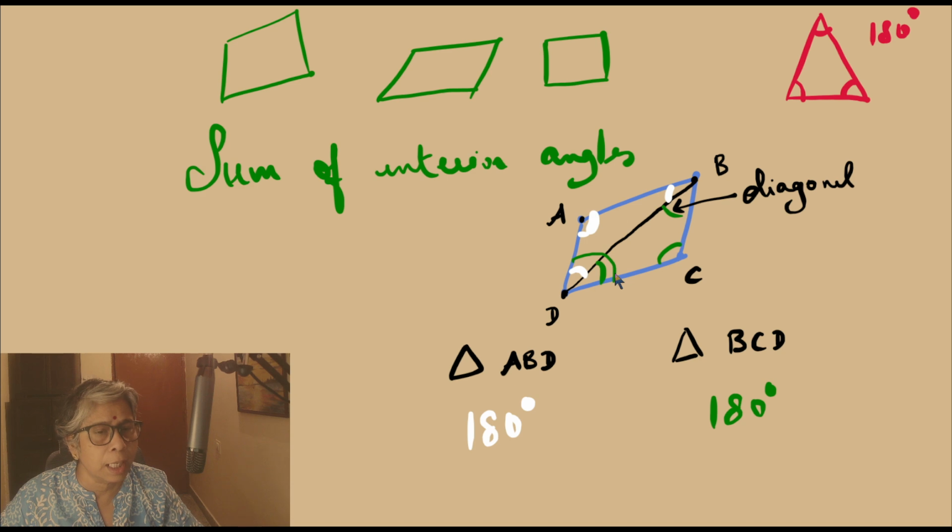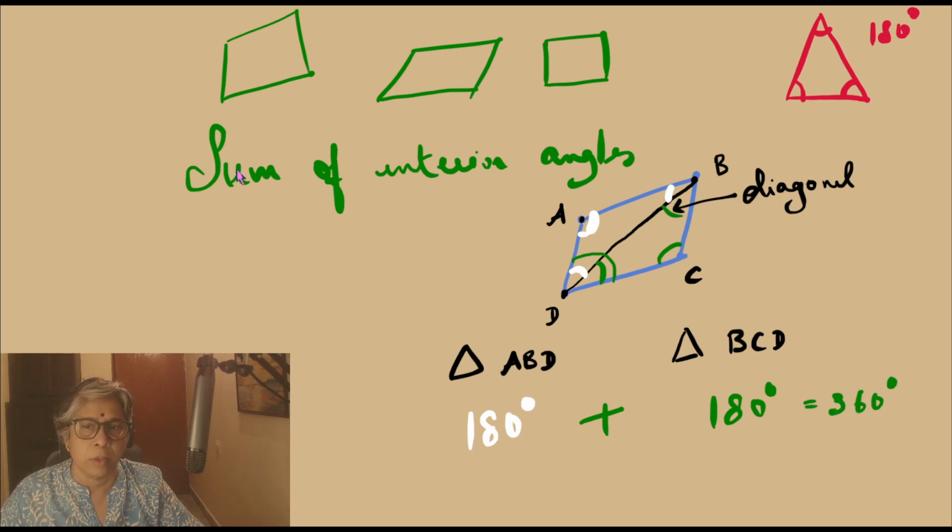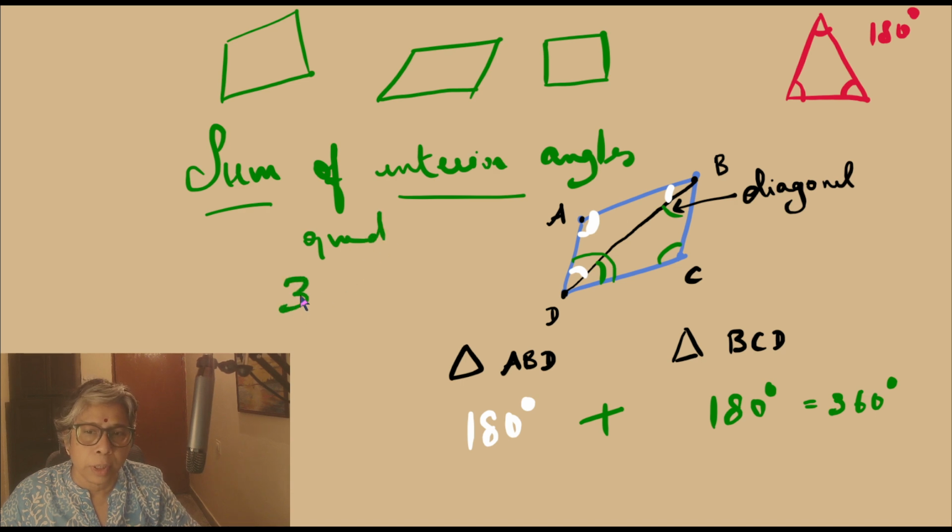So all these 4 angles make the interior angles of the quadrilateral. So the sum of the angles would be equal to 180 plus 180, which is 360 degrees. So the sum of interior angles of a quadrilateral is equal to 360 degrees. Here we have proved the sum of the angles in this quadrilateral using the angle sum property of triangles.